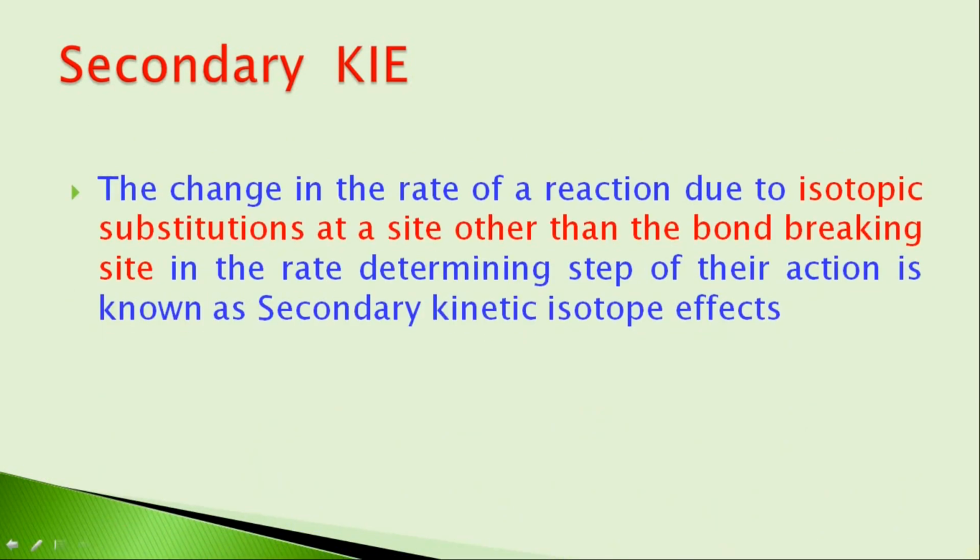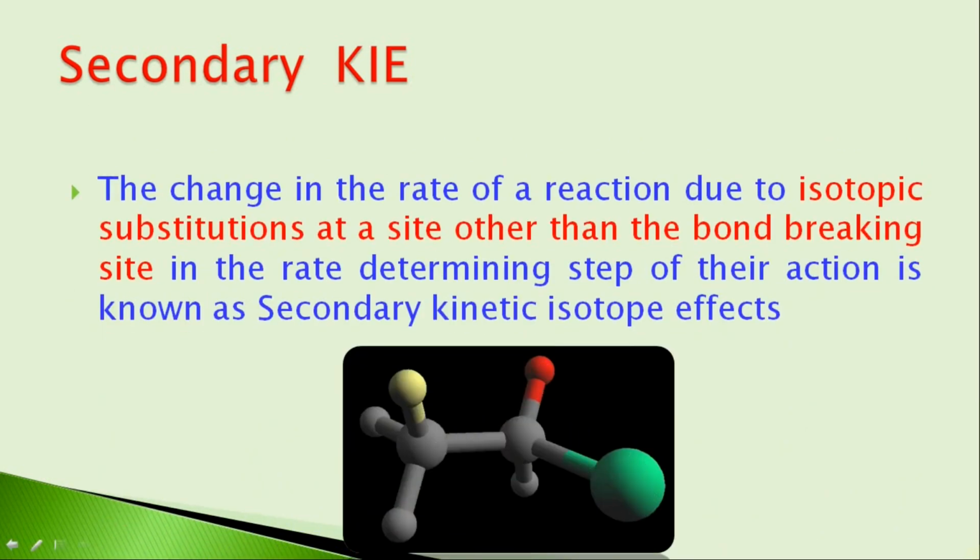If you remember, we had taken an example of the chloroethane. Here is the molecule of chloroethane. If it reacts with a nucleophile such as OH negative to give a nucleophilic substitution reaction, then in that reaction it is the C-Cl bond which undergoes cleavage during the course of reaction.